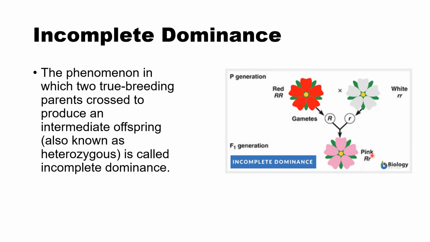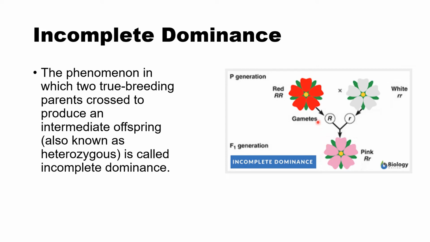Now, yung difference between yung complete dominance and incomplete dominance is that sa incomplete dominance, meron kang mabubuong new na phenotype. So, 'di ba sa complete dominance kanina, kung complete dominance yung situation, yung kulay ng offspring will be red.